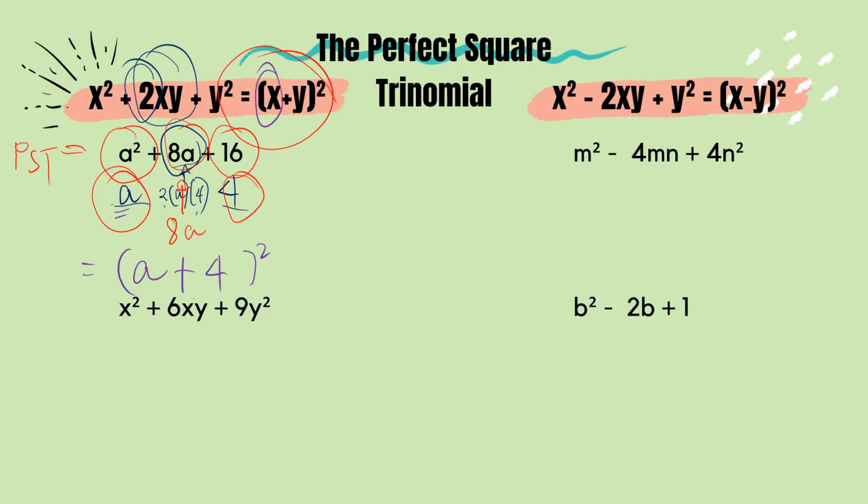So, that will be the square of a plus 4. So, that will be our final answer. So, ganun lang. Again, una, tignan mo muna yung first and third term if they are perfect square number. And then, tignan mo yung gitna kung masasatisfy siya when you multiply the two numbers by 2.